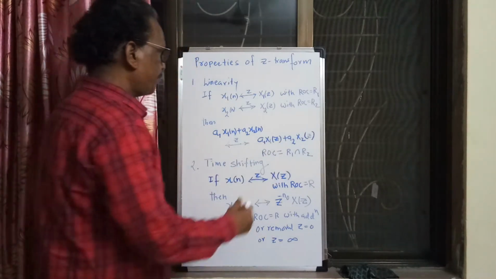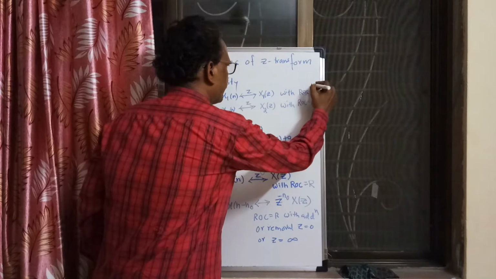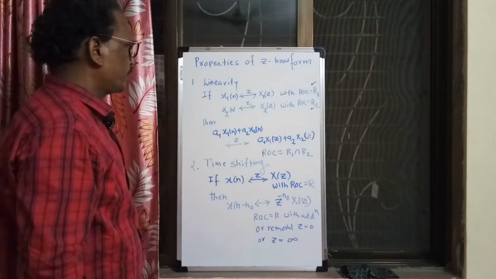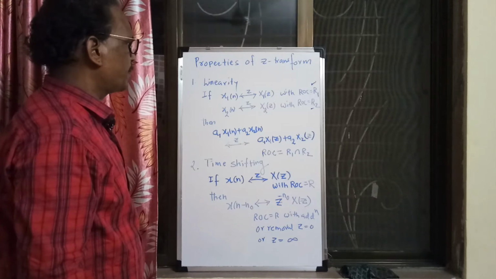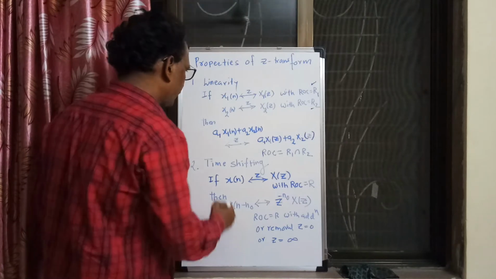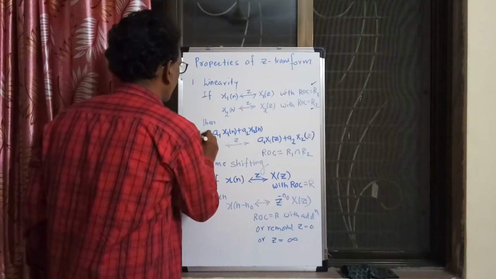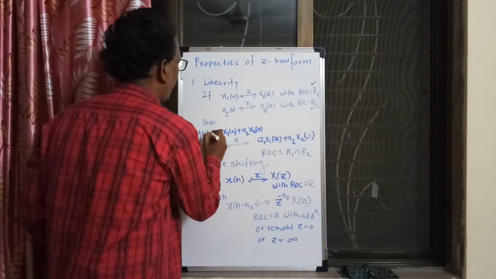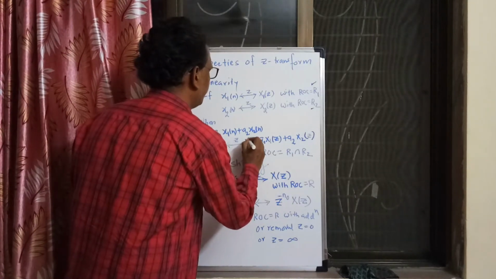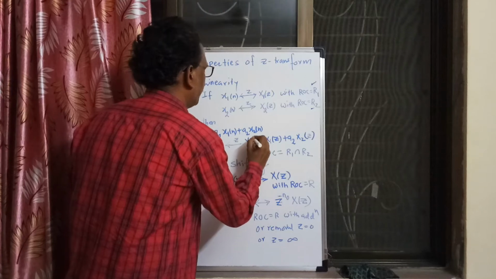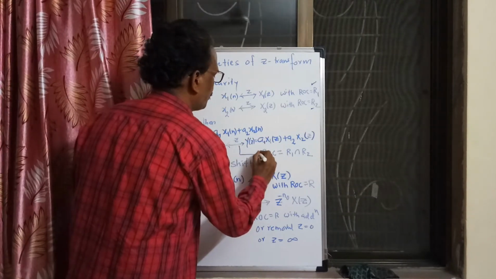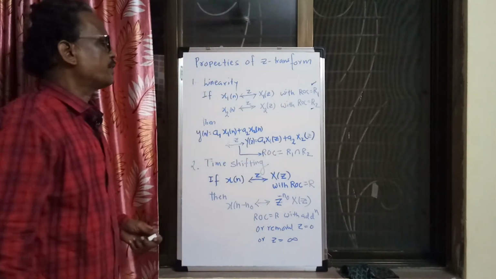And if the ROC of the Z transform of the first sequence and the ROC of the Z transform of the second sequence are R1 and R2, then for the resultant Z transform, if I say it is Y[n], then for Y(Z) the ROC is going to be R1 intersection R2.